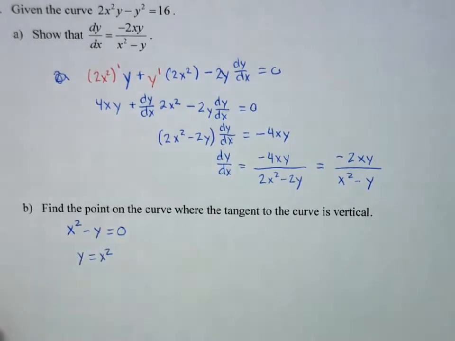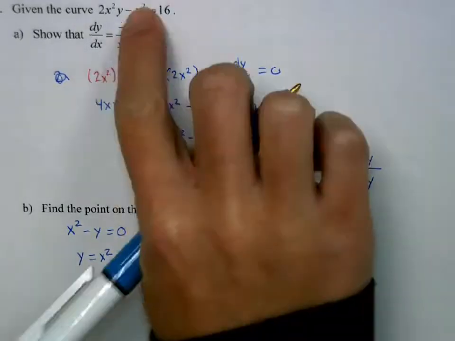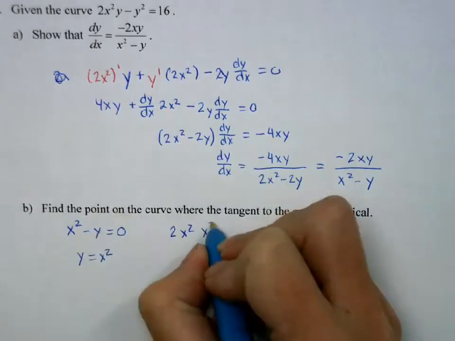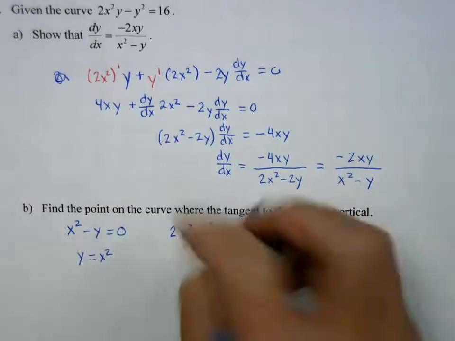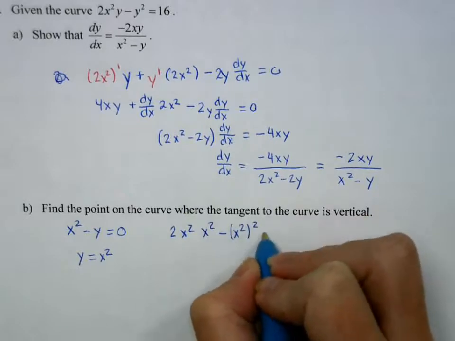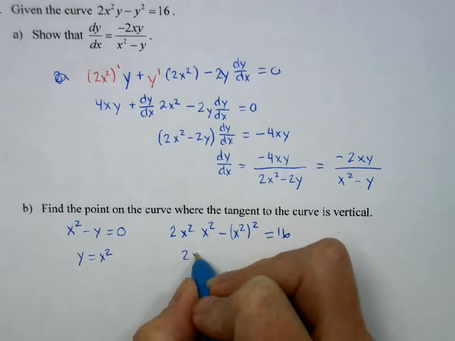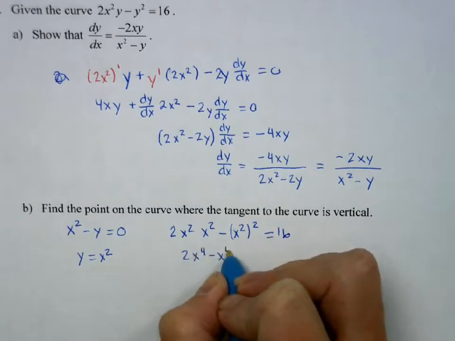So we're going to plug that into our original equation. We have 2x squared times y, which is x squared, minus y squared, which is x squared, equals 16. So 2x to the 4th minus x to the 4th equals 16.